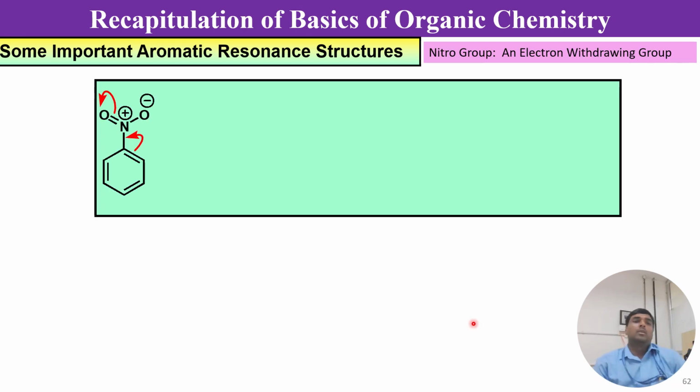So let's talk about the nitro group and how it affects the resonance hybrids of benzene. The nitro group is an electron withdrawing group, because nitrogen has the positive charge.